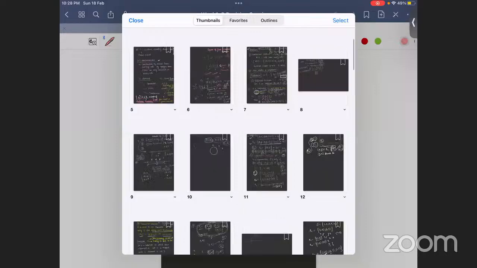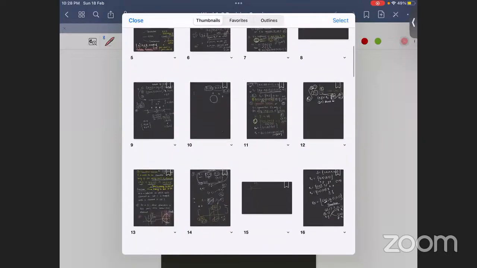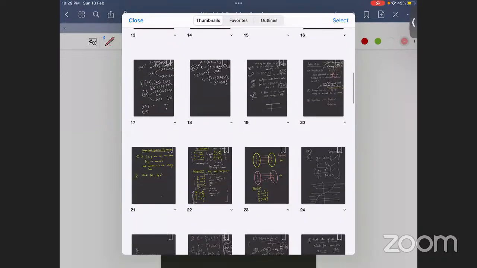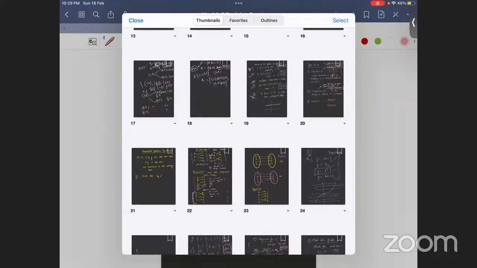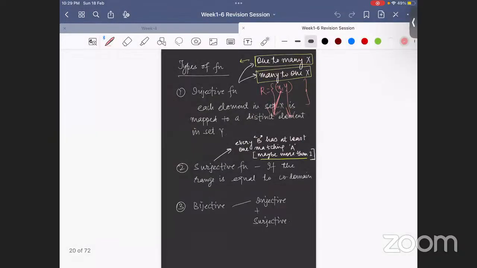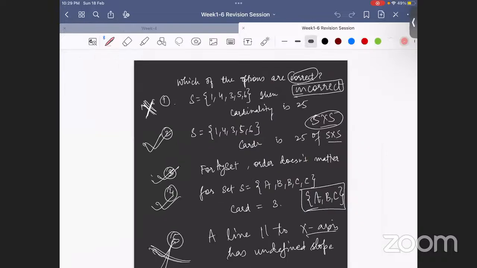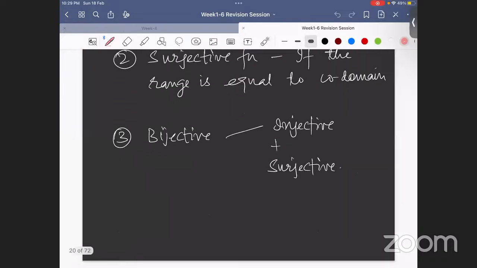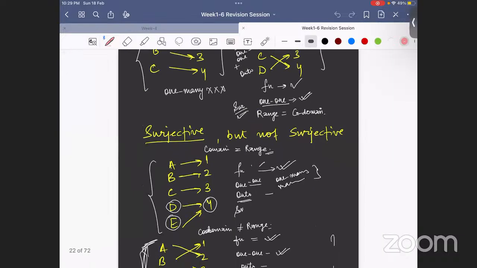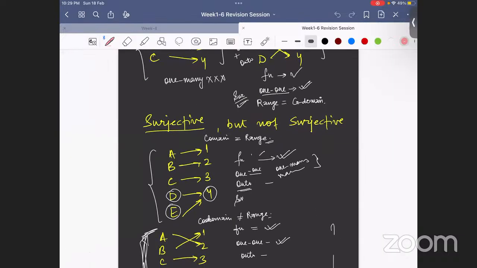You can just go through that. We have discussed all these things, the types of functions and all those things, in the first week itself. So from there you can get an idea. This is pretty simple, right?